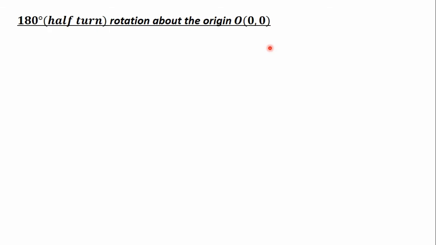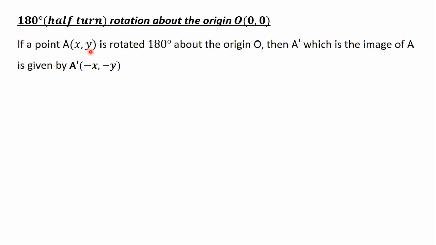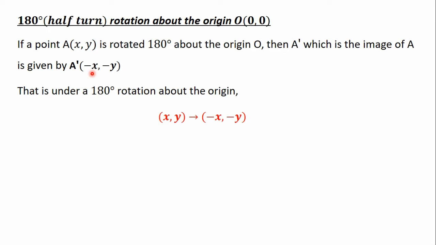Okay, so now let's learn how to rotate a point through a 180 degrees angle about the origin O with coordinates 0, 0. If a point A with coordinates (x, y) is rotated 180 degrees about the origin O, then A', which is the image of A, is given by A' with coordinates (-x, -y). That is, under a 180 degrees rotation about the origin, the transformation is (x, y) maps to (-x, -y).